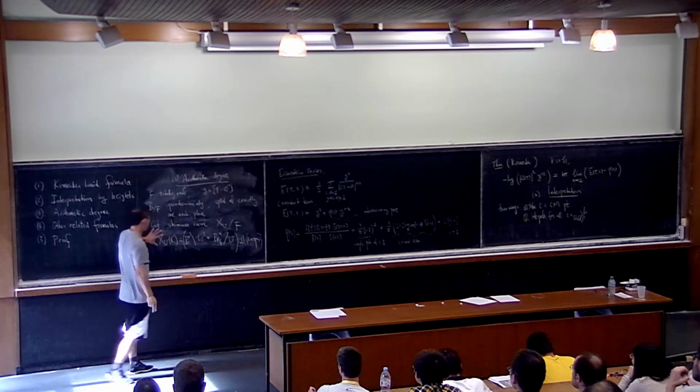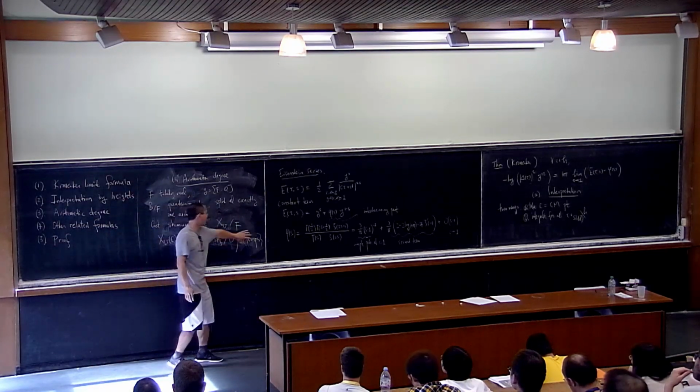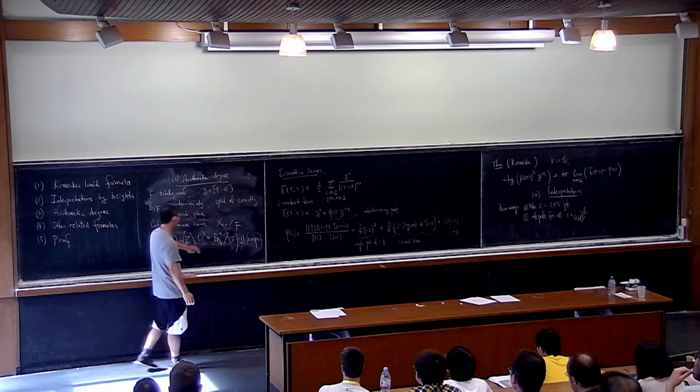Only when X is a modular curve, we have cusps. In general, we don't have cusps. It's already compact.